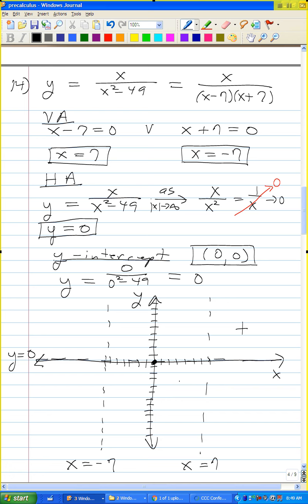Between 0 and 7, this is going to be positive, negative, positive. And so positive over negative times positive is negative. Actually, all the roots are simple, so I know that it alternates in sign.